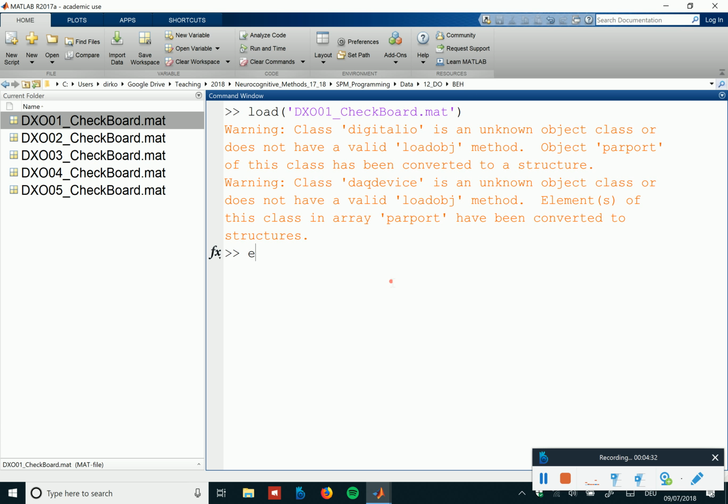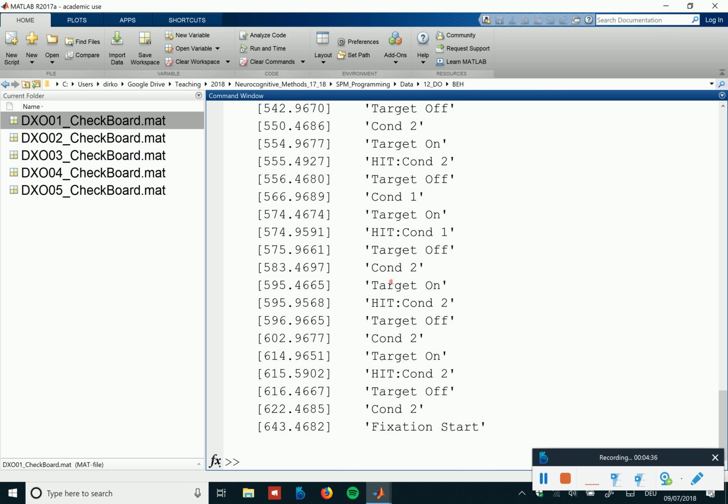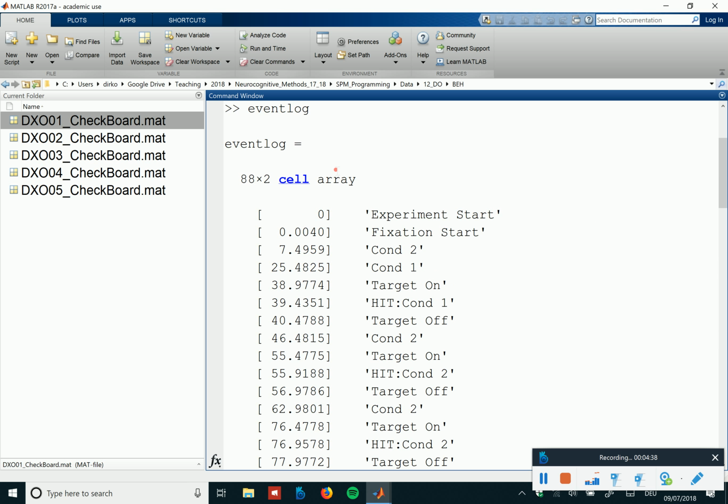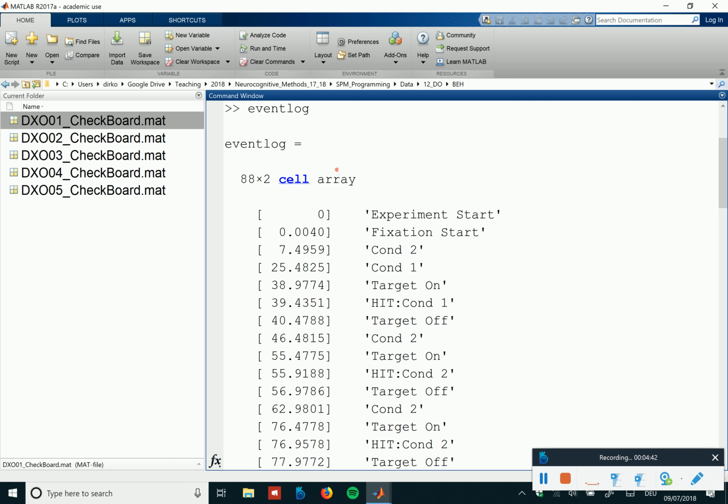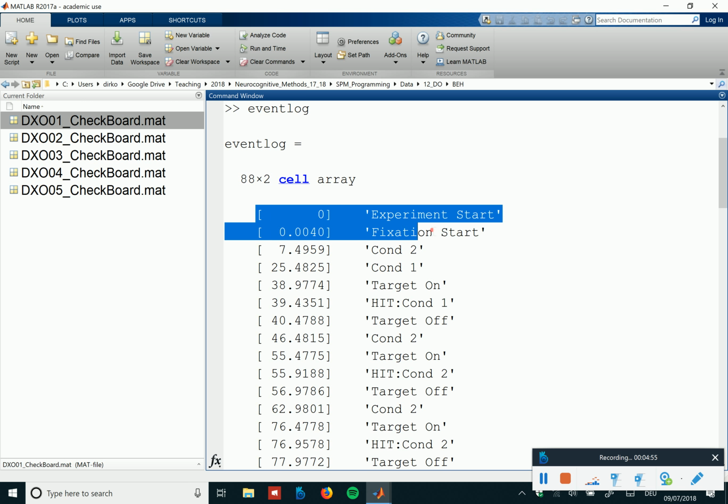So there's one crucial variable in there, which is called event log, which is fairly standard also if you think in terms of BIDS format. So this is basically a long array that contains the time points of all events that happened during a run with respect to the run onset.